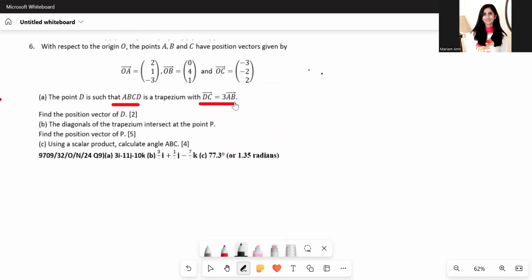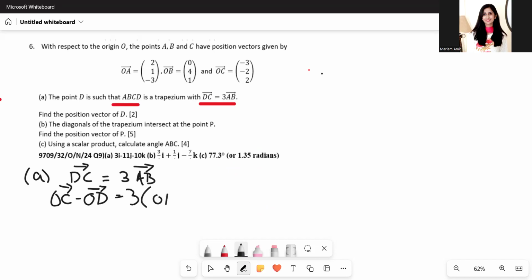So what we'll do is, for part A, let's write this equation. Again, DC equals 3 times AB. Now I'm going to break these into difference of position vectors, which is going to be OC minus OD equals 3 times (OB minus OA).